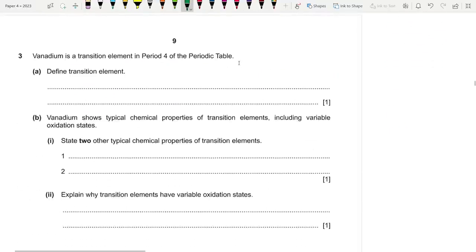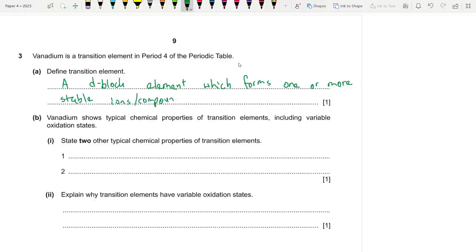Transition element. I was talking about this sometime back. So how many questions do we have? 6 in total. We're doing question number 3 right now. Define transition element. A transition element is a d block element which forms one or more stable ions or compounds or oxidation states.